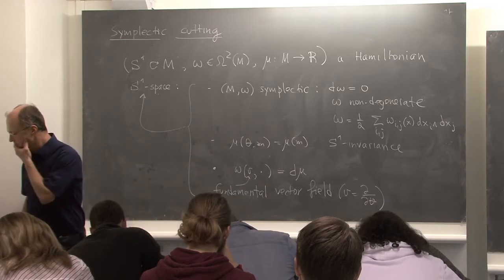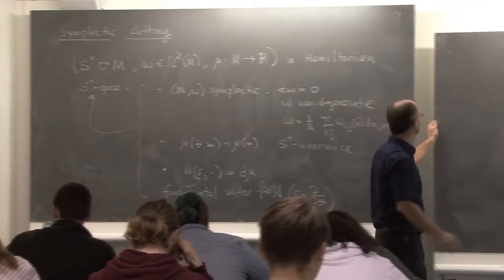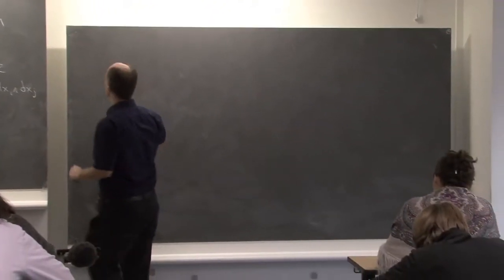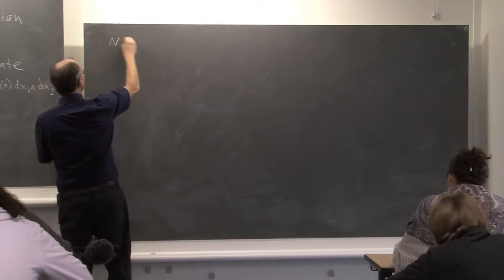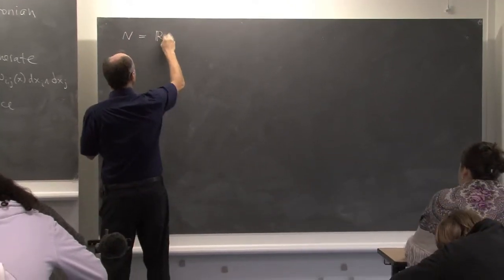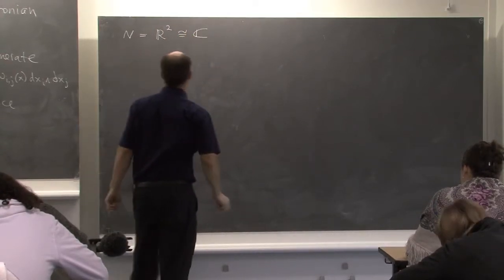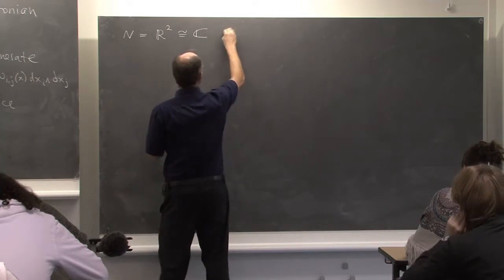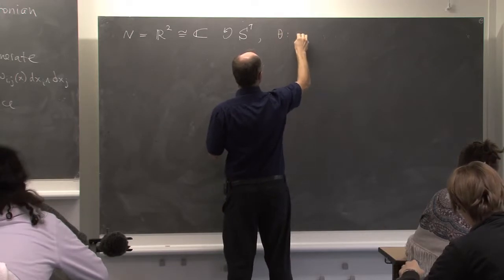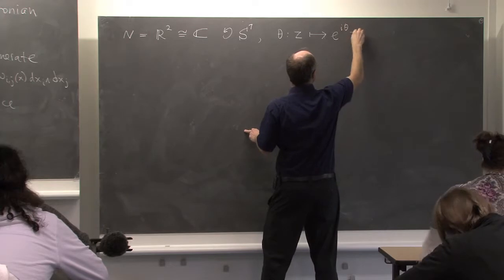So now let's play the following game. Let me recall that there is one particularly nice example of such a situation. We can choose, let me call it N, the space R2, which I would like to identify with a complex plane. So it is acted on by S1, where theta maps z to exponential i theta z.